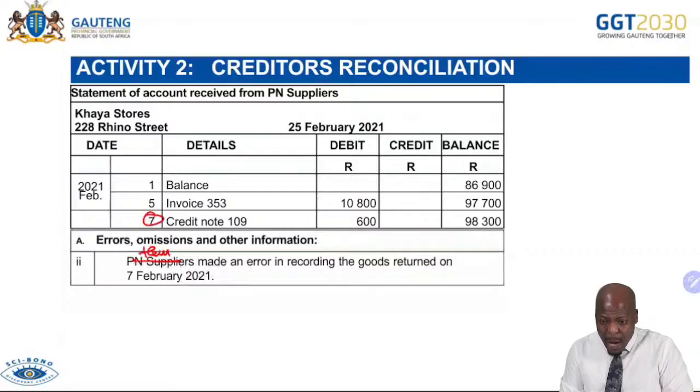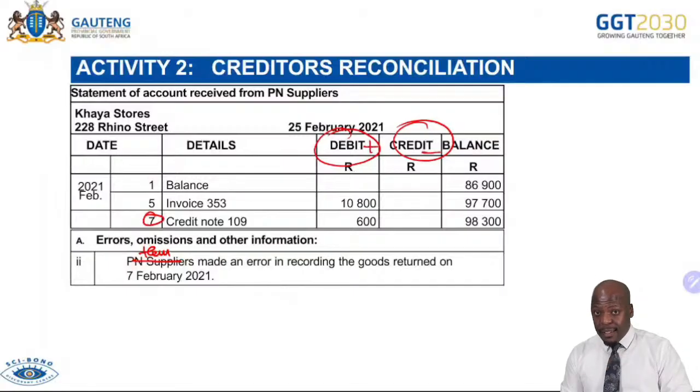What did we say? We agreed that on the debit is a plus, on the credit is a minus. So they're telling us that they made an error in recording the goods returned on the 7th. What error is that? They recorded returns on the debit side, yet returns must be on the credit side. Remember, returns decrease, returns don't increase.